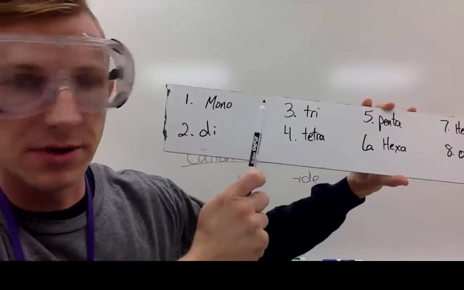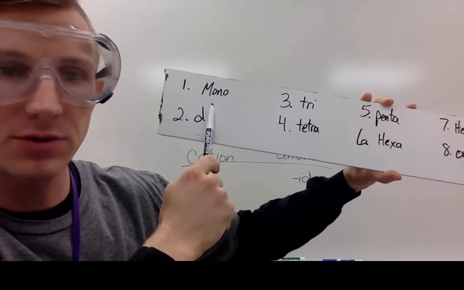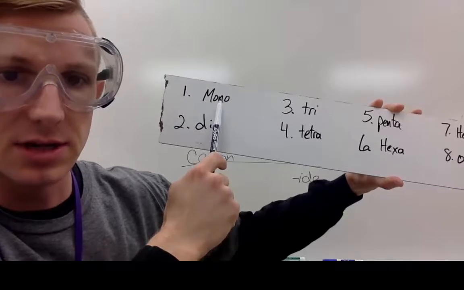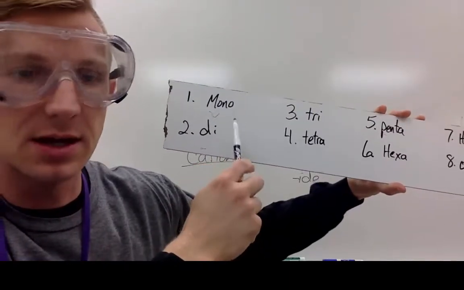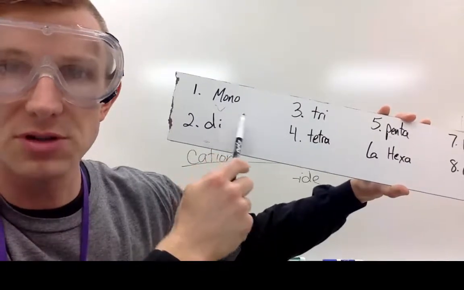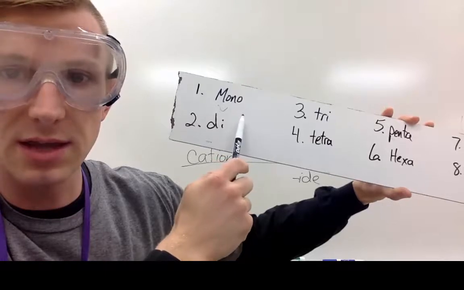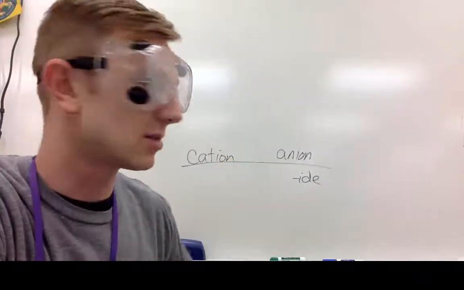If you have one of something, you say mono. So if you have one hydrogen, you would say monohydride or something like that. The only exception to this is you do not say mono when it is the first thing within that covalent compound. Let me just back up for a second because I misspoke.